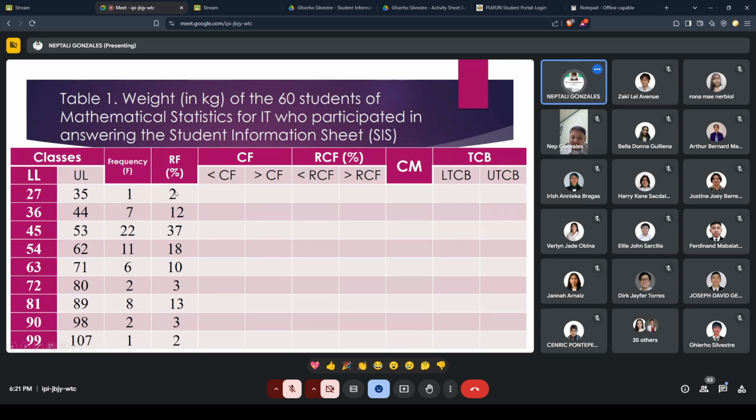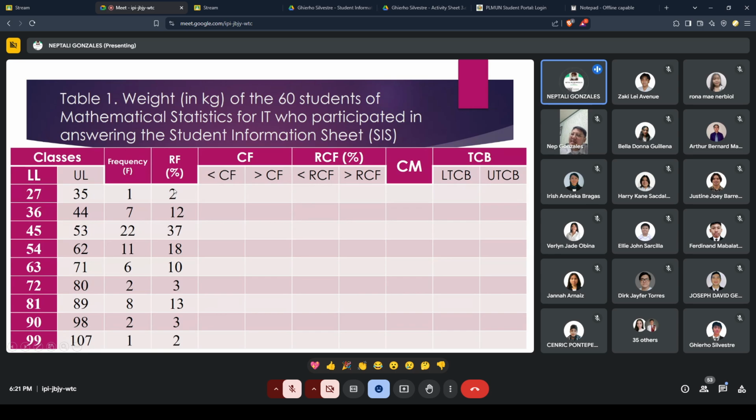It should be approximately equal to 100. There is also a margin of error due to rounding off. So some relative frequencies may have 99% or 101%. So still, the margin of error is plus or minus 1 due to rounding off.